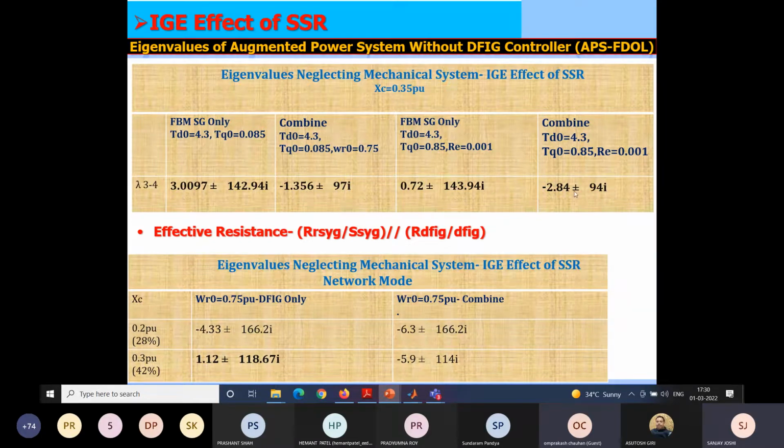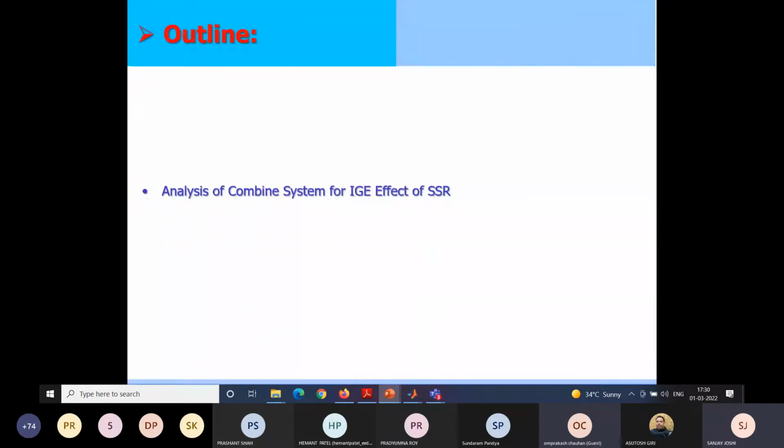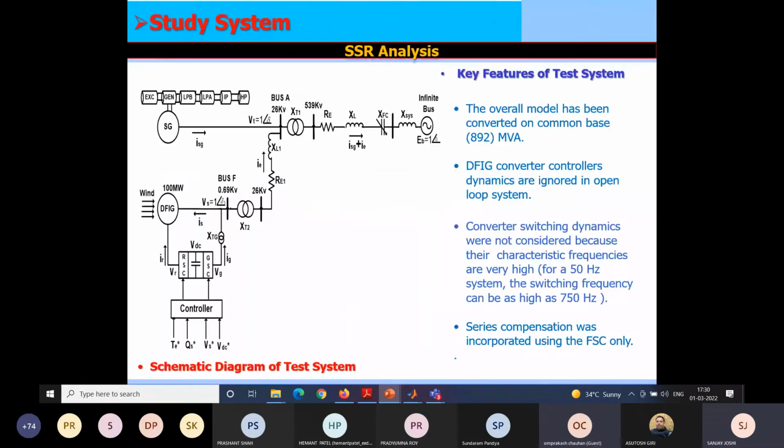Can you see that? So in conclusion, if we augment our system like this, because of the DFIG inclusion, the overall system which was unstable has become stable.